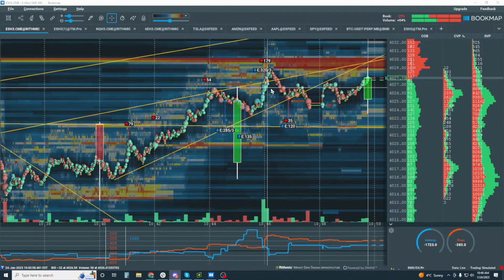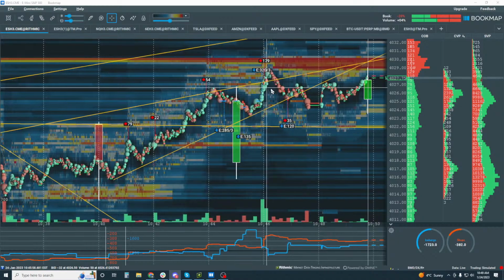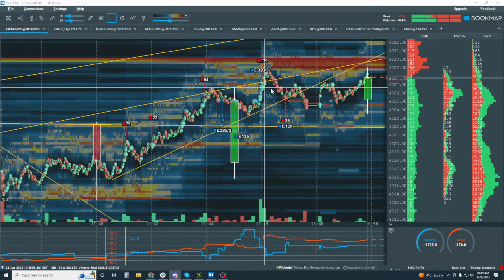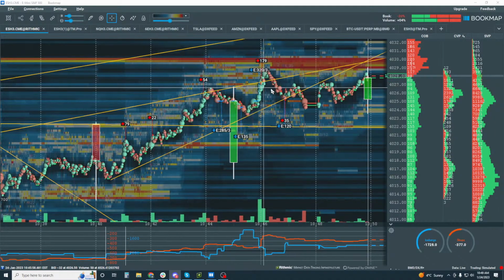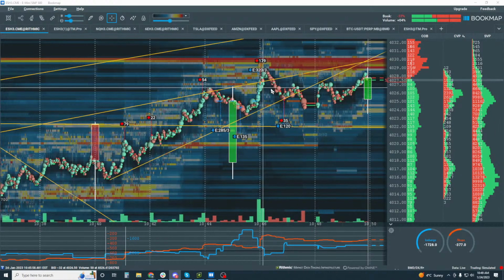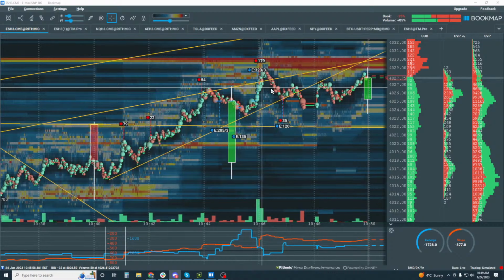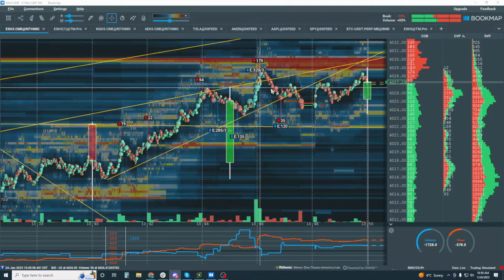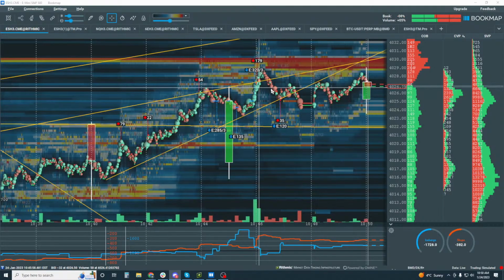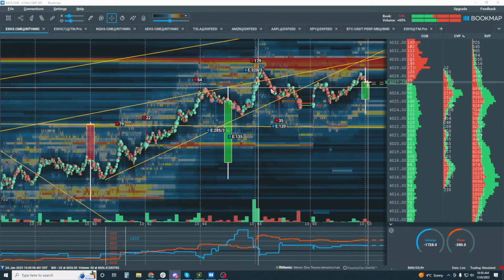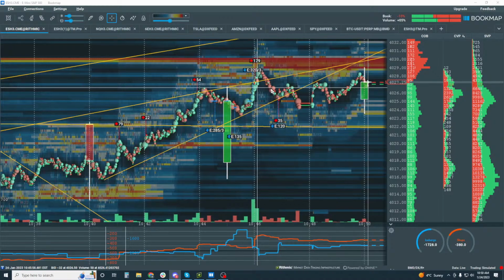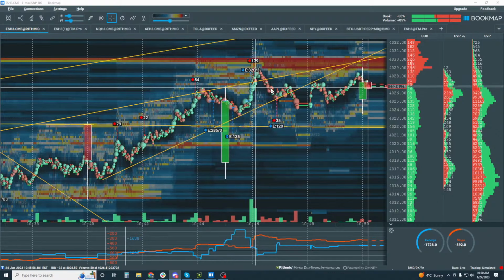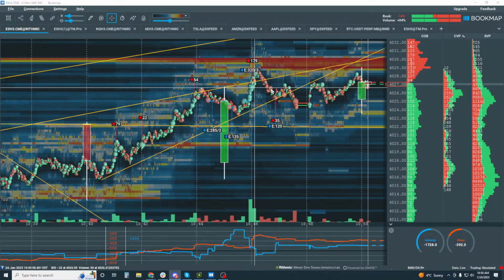Now it's really so important that part of your plan is to go through the other side of the scenario, and then you just become a robot. If it does this, I react this way. If it does that, I react this way. So you protect yourself, and you're looking for something higher probability. That's your edge, and you're looking for it to work out and continue.